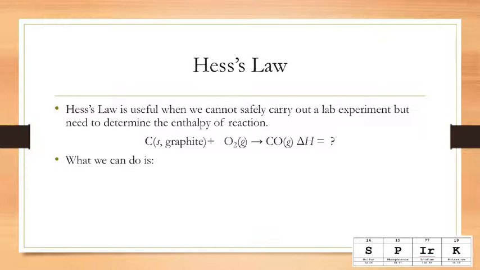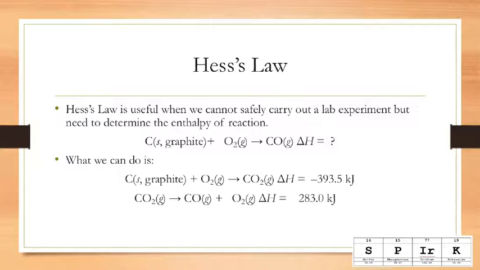So what we can do with this equation is we can look at the combustion of graphite, because we know the delta H for that reaction is -393.5 kilojoules, and we're given another equation, that carbon dioxide gas can be decomposed into carbon monoxide gas and O2, and that delta H is 283.0 kilojoules.